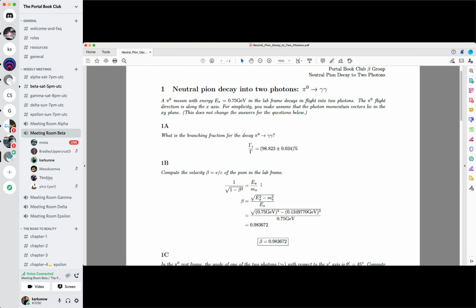Yeah, so I just used the same equation but slightly different symbols. Right. So when I'm saying m pi here, I'm talking about the invariant mass of the pion. And when I say E pi, that's what's given at the top of the problem. So I'm just using this equation E equals gamma m.